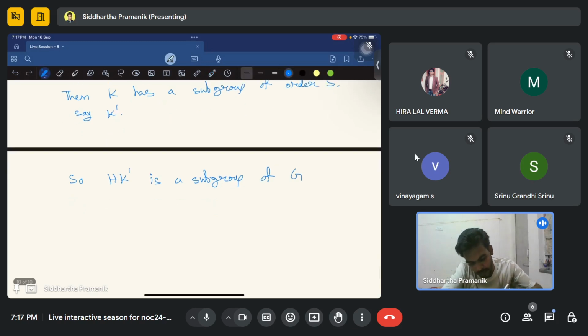So HK prime is a subgroup of G. Now, what is the order of HK prime? It is exactly equal to 15. Why is it 15? Because you can define this function in the same way.